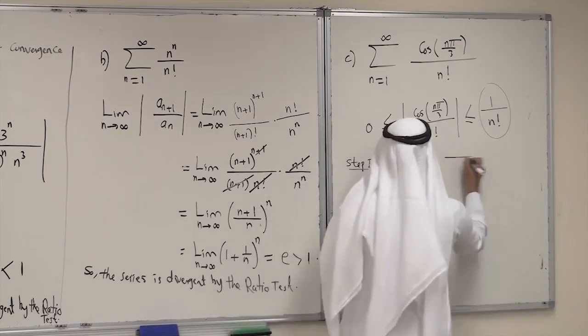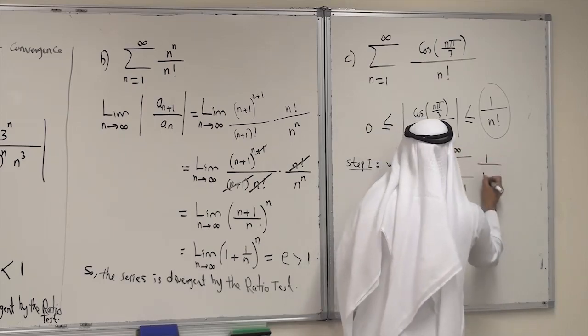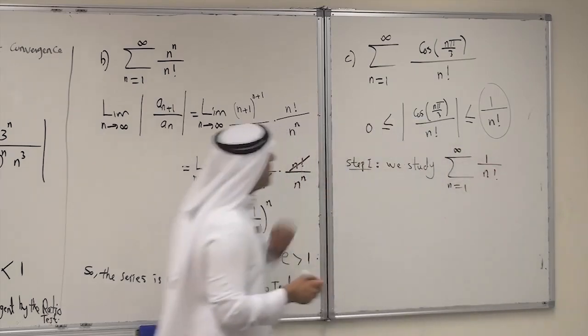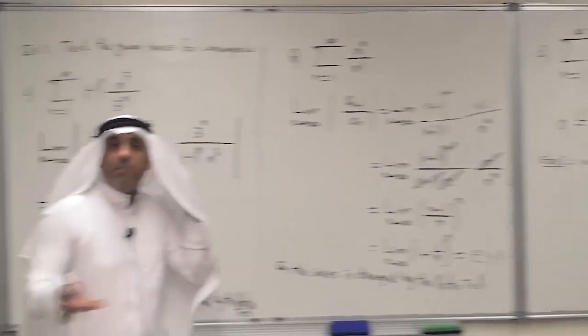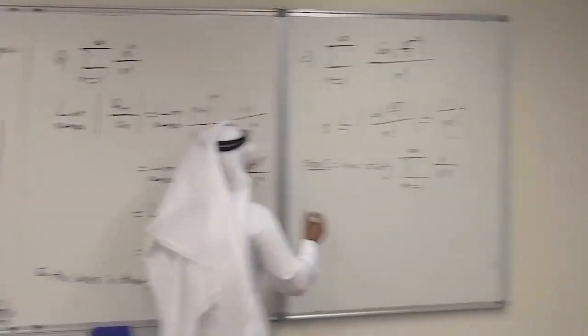We study this series, which is n equal to 1 up to infinity of 1 over n factorial. How to study this one? We have factorial, so the ratio test may be helpful here. So I will use the ratio test.